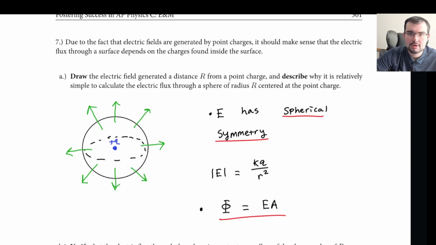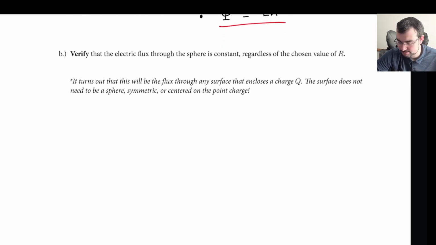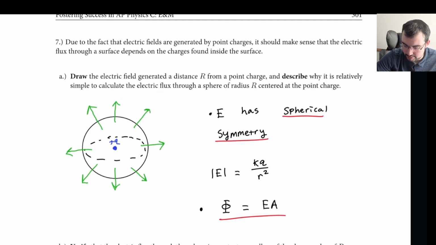But then you might also argue, wait, if I have a bigger sphere, that means I have a bigger distance, and E shrinks with distance. So, is it bigger? Is it less? Well, actually, it's constant. And we'll reason through that after we derive it real quick. And this is a huge result. This is one of the four Maxwell equations, and we're going to prove a special case of it.